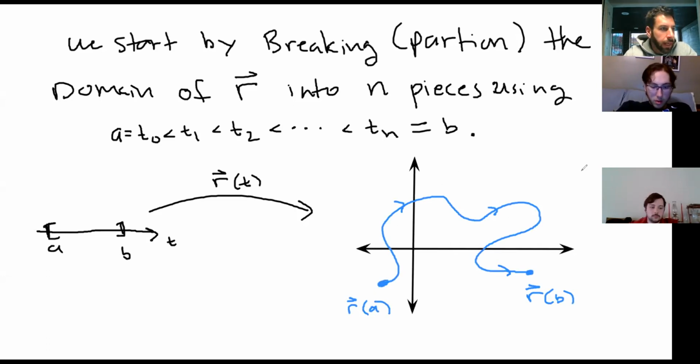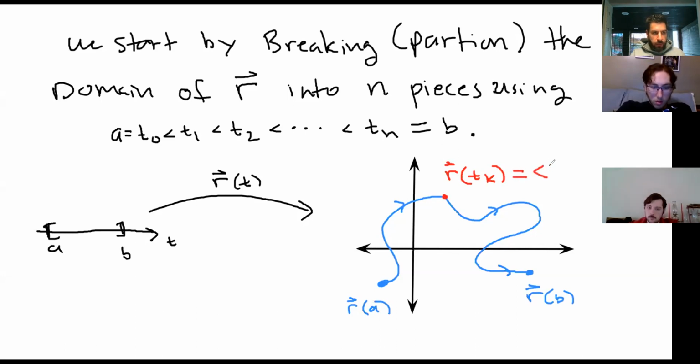And so out here somewhere, let's pick this point. This could be r evaluated at some arbitrary point, let's call it t_k. Does that make sense? Now, to be very clear, what is this?